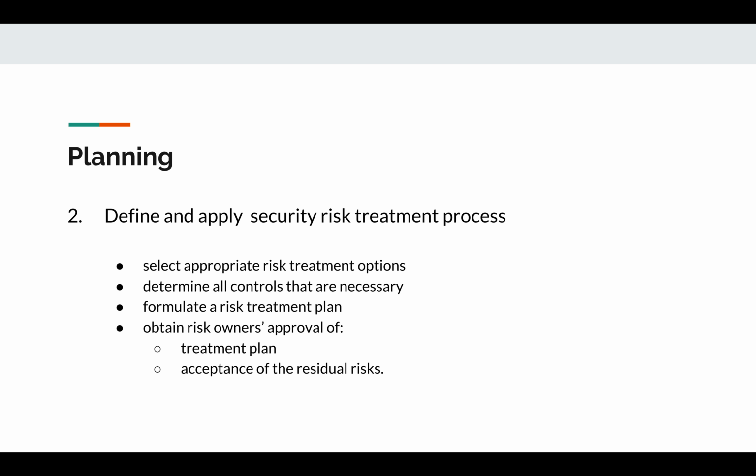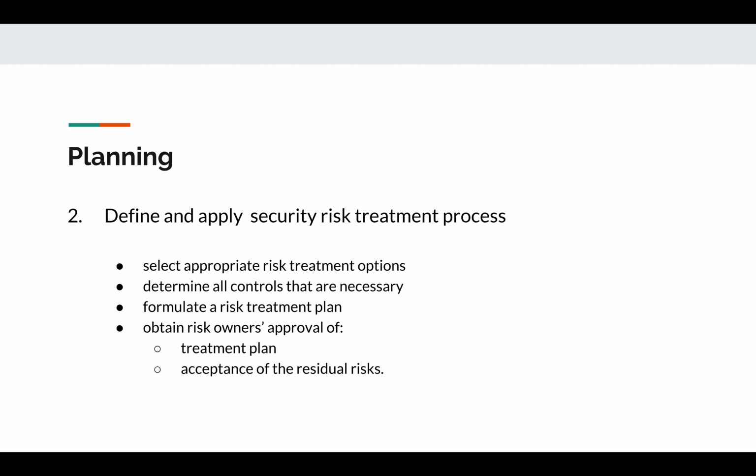Then, after having the assessment, we need to define and apply the security risk treatment process. According to the policy, we need to select appropriate risk treatment options and determine all controls that are necessary for those options chosen.